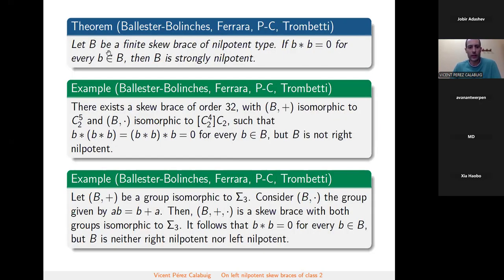We prove that if B is a finite skew brace of nilpotent type, and B is two strongly nil, which means that B star B is equal to 0 for every element, then B is both left and right nilpotent.